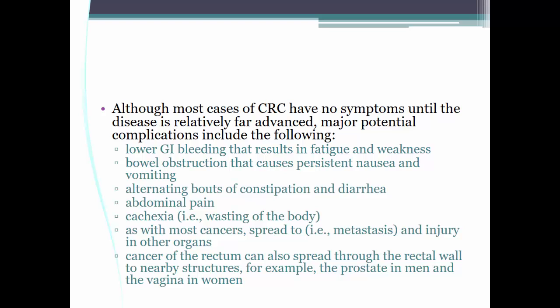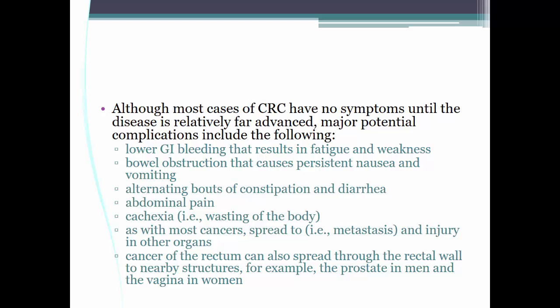Signs and symptoms: adenocarcinoma grows very slow, and so the symptoms depend on the lesion location, type, and extension, or complications. Patients tend to have lower GI bleed that results in fatigue and weakness, bowel obstruction that could cause nausea or vomiting, constipation and diarrhea alternation, abdominal discomfort, weight loss, that's for sure.